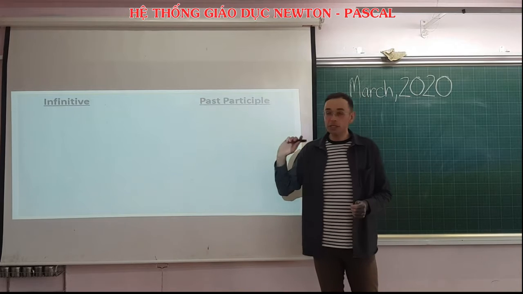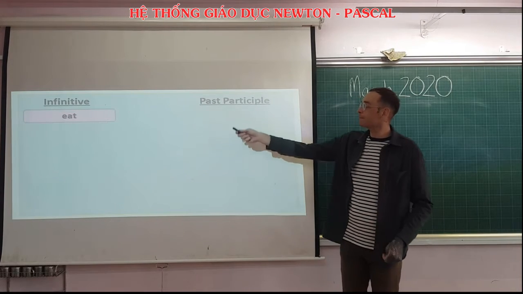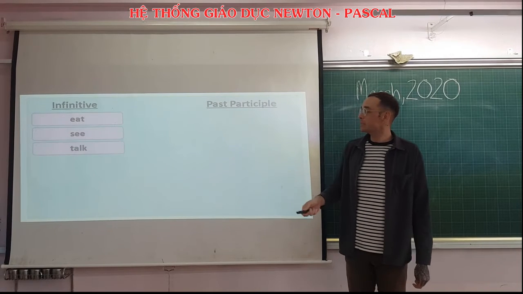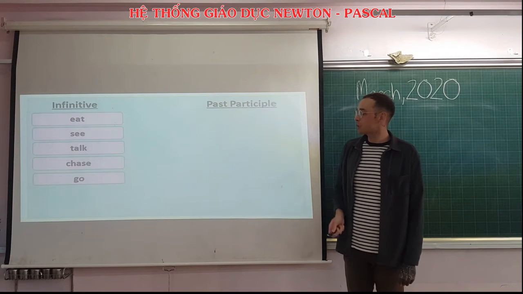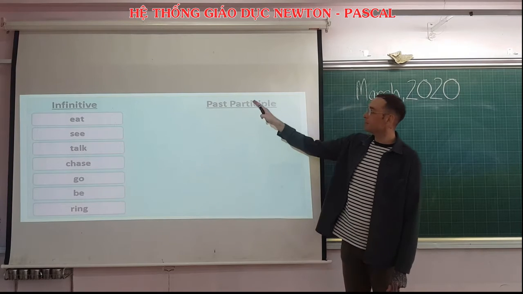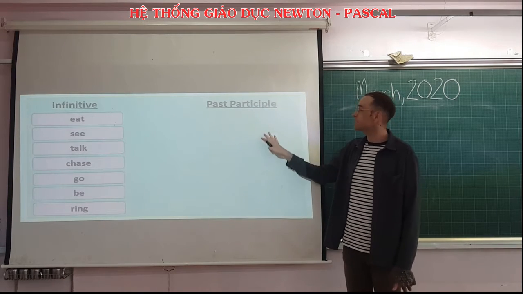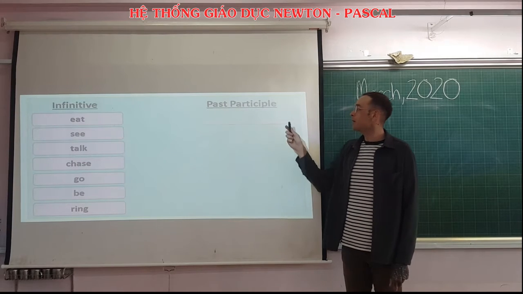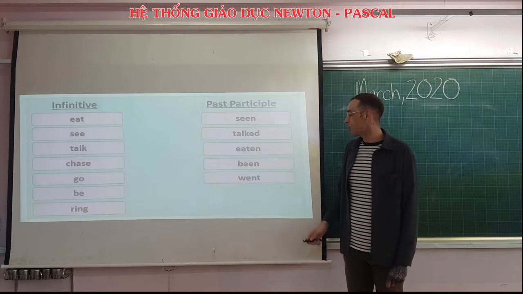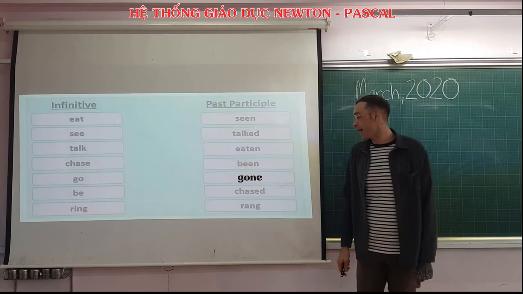So I have a little exercise here where on the left side we have the infinitive verbs eat, see, talk, chase, go, be, and ring. And on the right-hand side, I'm going to give you the past participle: seen, talked, eaten, been, went, chased, and rang.